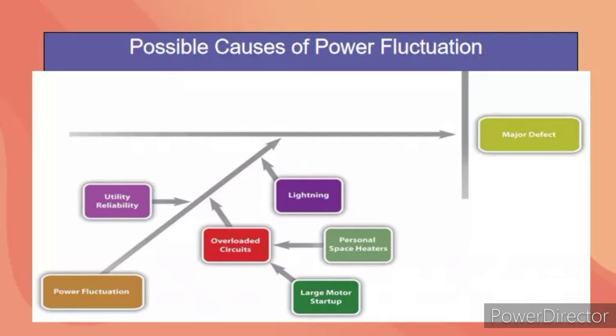As shown in the figure, power fluctuation has possible causes, which are utility reliability, overloaded circuits, such as the large motor startup and personal space heaters, and also lightning. And these possible causes turn into a major defect.